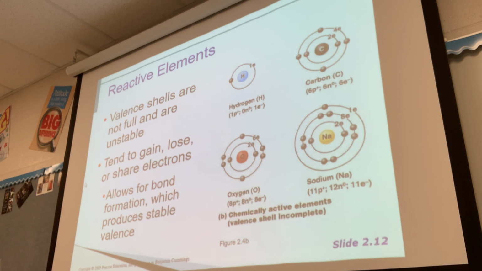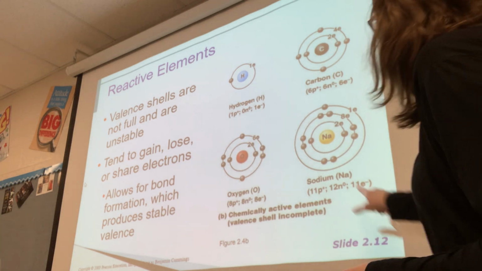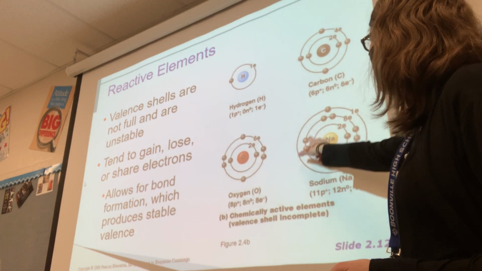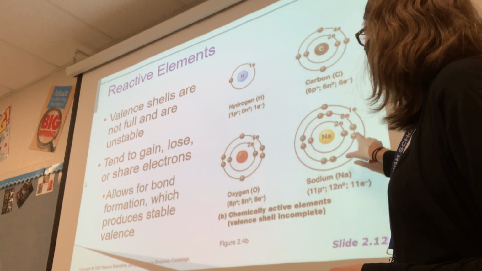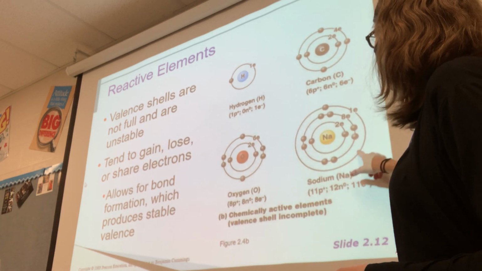So valence shells that are not full are unstable, and so it wants them to be full. So here's our first one. Actually, I guess the second one holds 8. I was wrong.